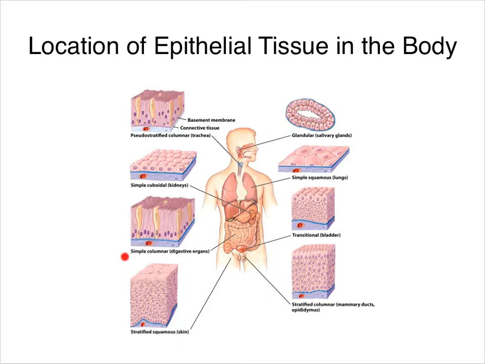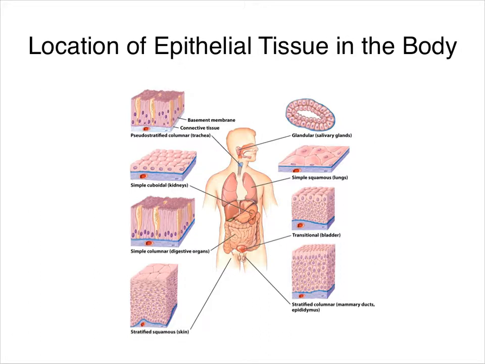Simple columnar. A good place to find simple columnar is anywhere in your digestive tract, past the stomach, so your lower digestive tract. All of this is lined with simple columnar cells, and these simple columnar cells are actually often absorptive.